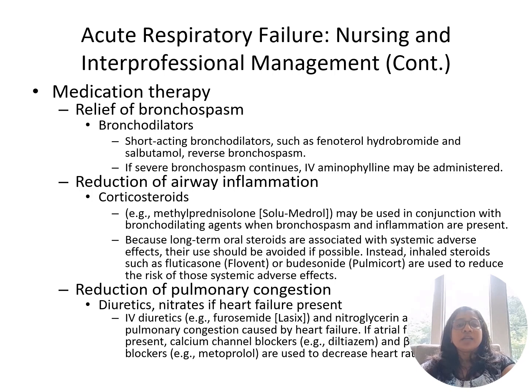The other thing for management is medication therapy. So we give bronchodilators for bronchospasm. If your patient is in severe asthma, we're going to give them short-acting and long-acting bronchodilators to keep the airways open. Some of the examples are Ventolin, aminophylline, theophylline, all of those medications.